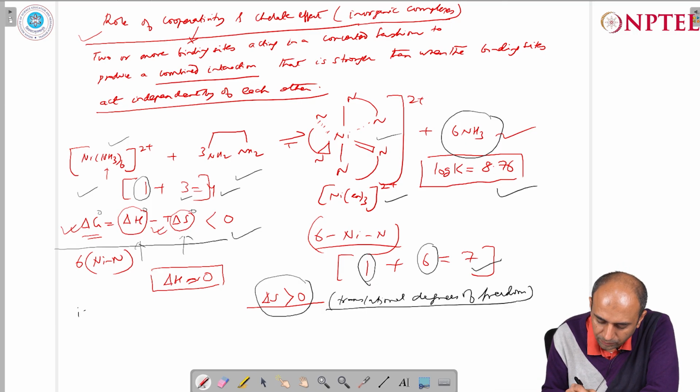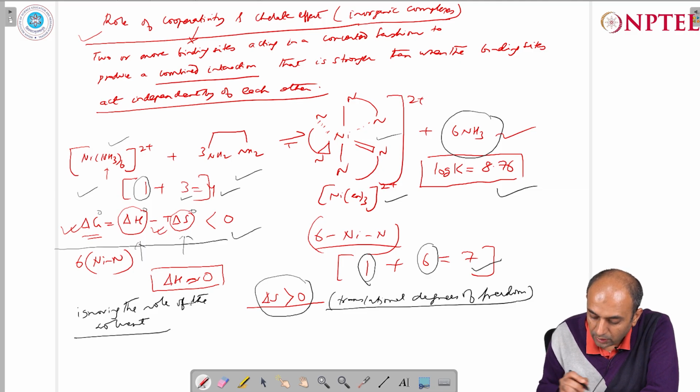Ignoring the role of the solvent, the enthalpy change on going from the reactants to the products is approximately equal to 0, and therefore the entire Gibbs free energy change contribution comes from the entropy term, which will decide the magnitude of delta G0.